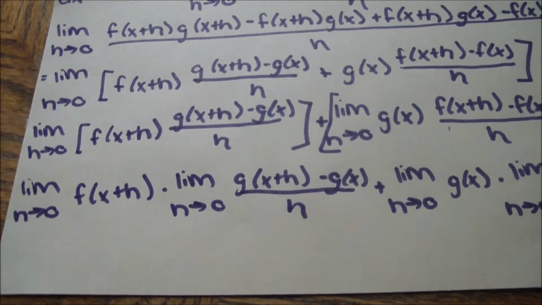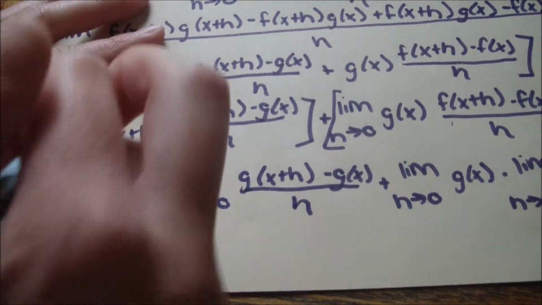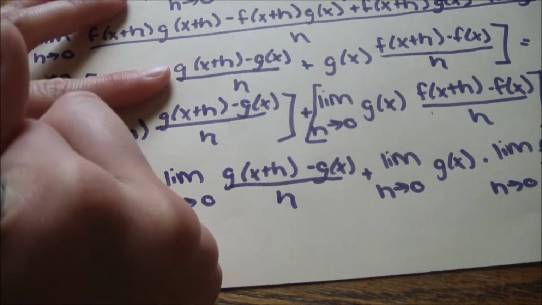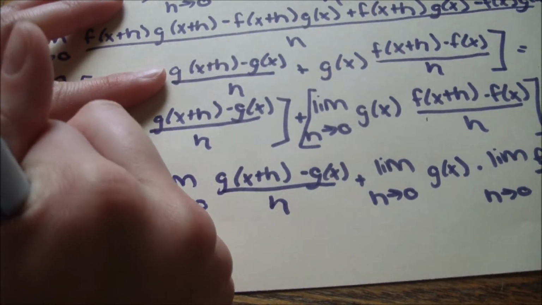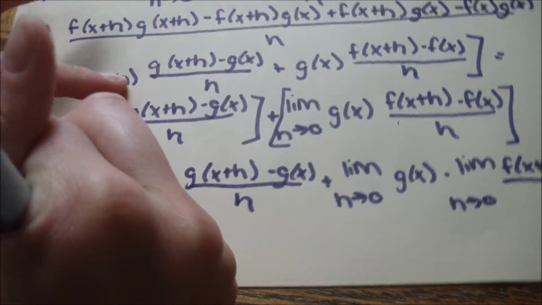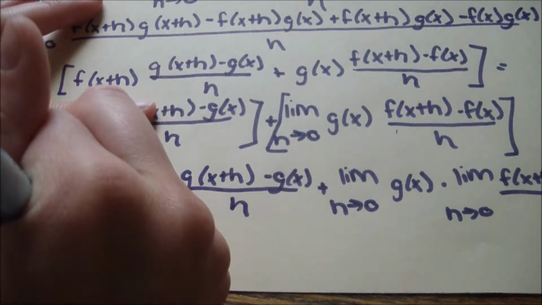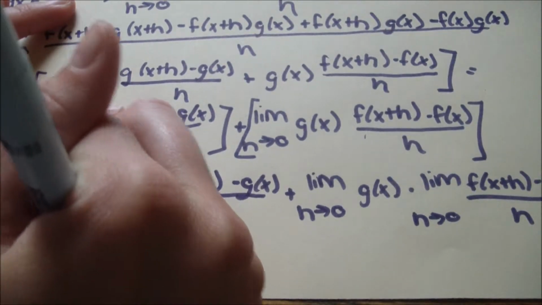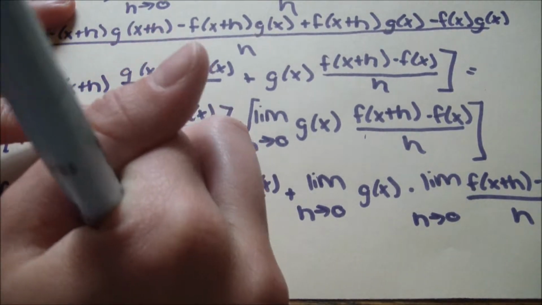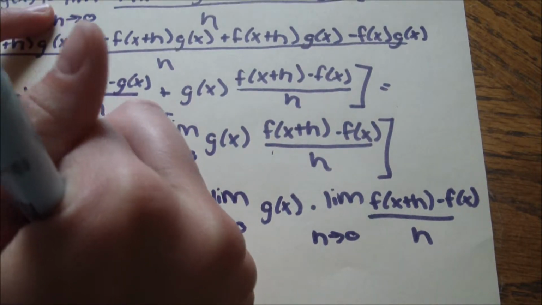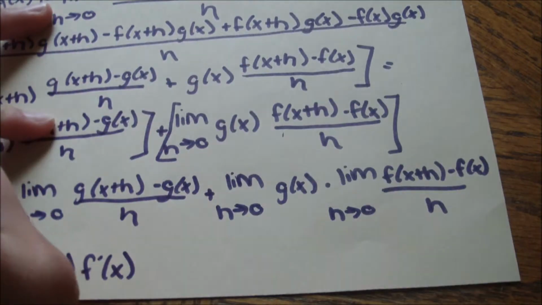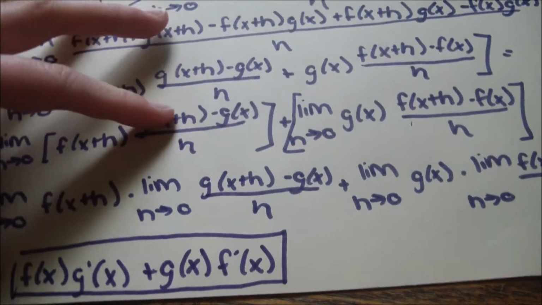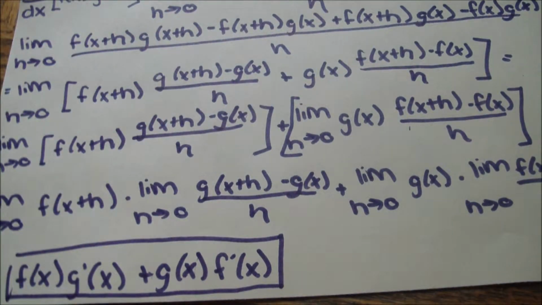Right? And then that simplifies out to be f of x times g prime of x plus g of x times f prime of x. So there's the proof for the product rule.